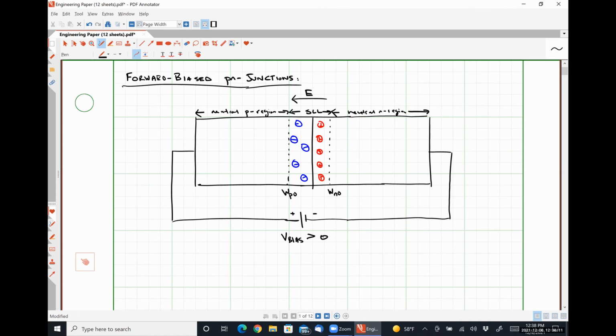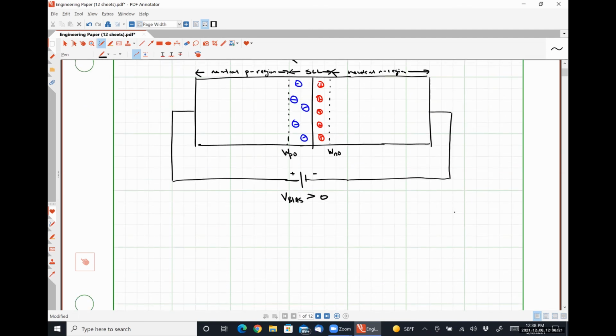So our barrier potential overall is going to be V naught minus this quantity V bias. Our barrier potential is reduced to V naught, our built-in voltage, minus our bias voltage. Okay.